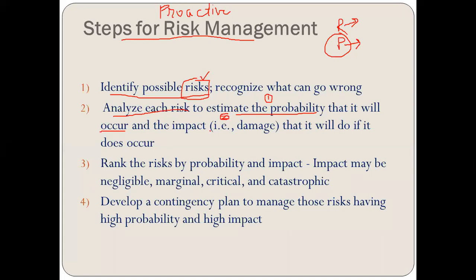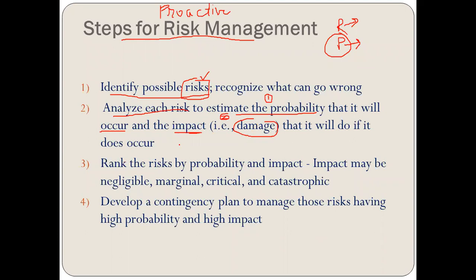Let's say if the risk occurs, then what impact, that means what damage, what loss it can incur. So I'm going to check the probability of occurrence, and second, I'm going to analyze the degree of impact of this risk if it occurs.